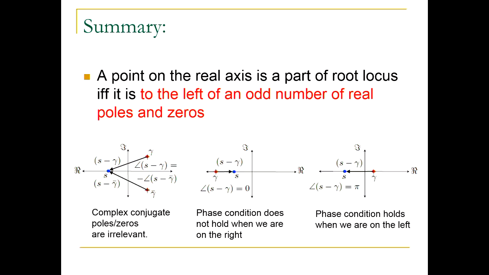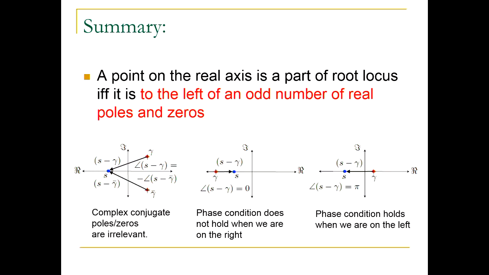So actually, when we are to the right of a pole or zero, then the contribution of that pole or zero is 0. The phase is 0. And when we are to the left of such a pole or zero, gamma, then the contribution would be pi. So it's actually very, very easy to test whether a point on the real axis is part of the root locus or not. Why? Because I only need to look at the real poles and zeros of f and then apply this simple test.